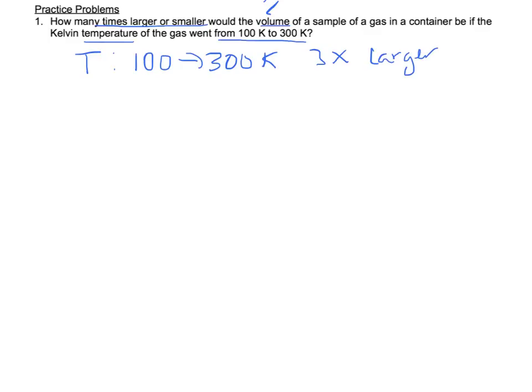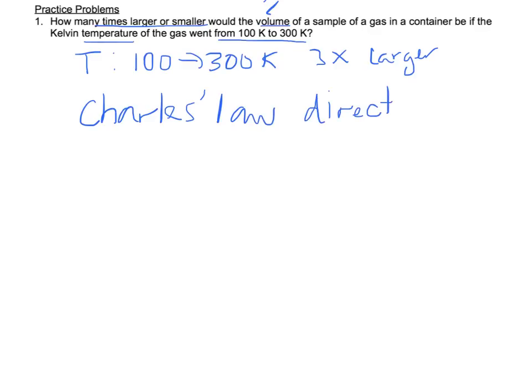If you can't do the math in your head, you can always take your two numbers and divide them. So 300 divided by 100 is 3. Then the next thing we need to know is the relationship that exists in Charles' law. In Charles' law, the relationship is a direct relationship.